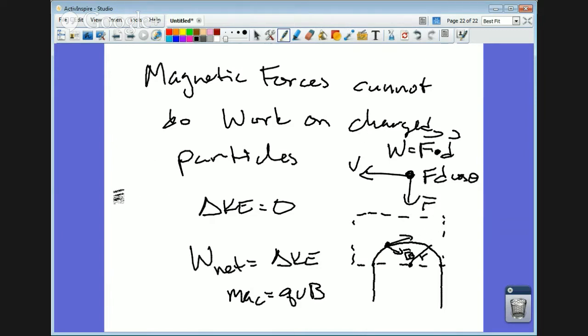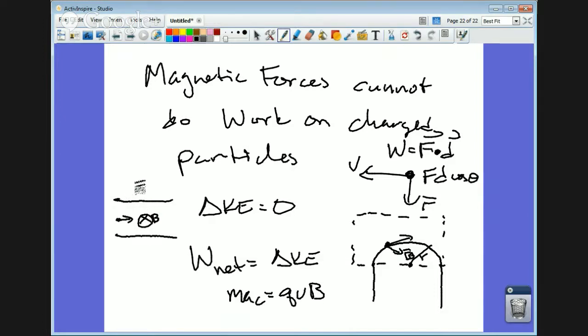Now also remember, if we have two charged plates, and we also have a magnetic field, and we're sending a charged particle through, we can set this up so that it makes the thing go straight. So a positively charged particle going this way with a B field going into the page would have a magnetic force going up.